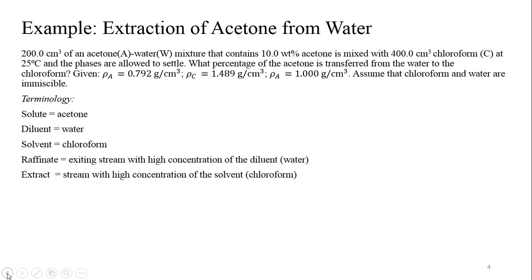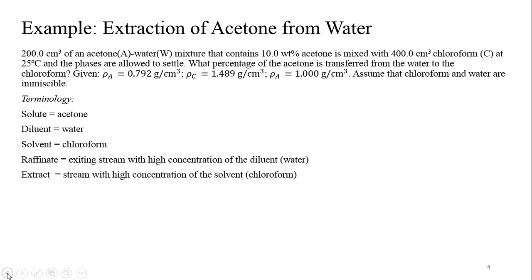it's the stream that has the high concentration of what we call the diluent. In other words, we have a solute that we want to move from one phase to another phase, right? It comes in high concentration in this diluent, and it gets transferred over into the solvent, as we call it.